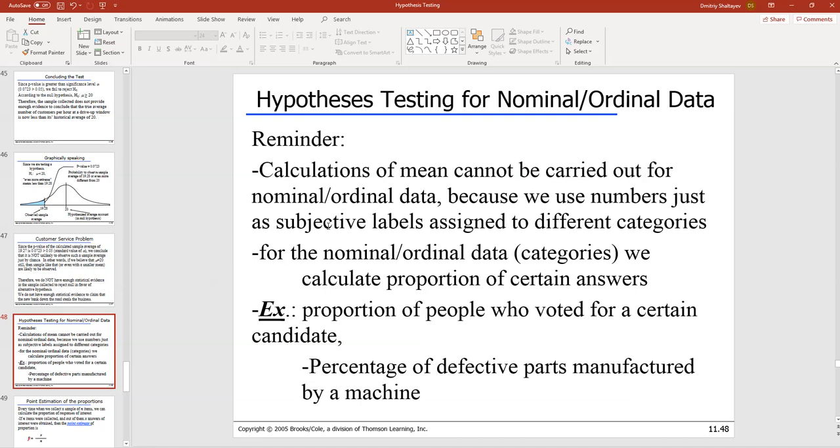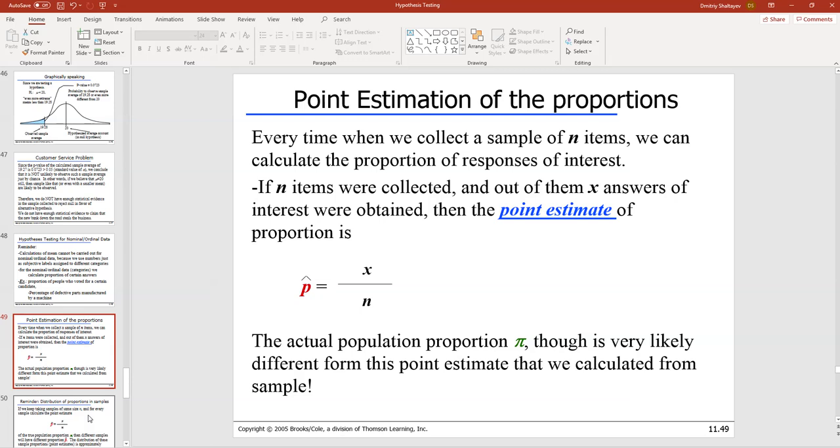So in this case, we can calculate the percentage of defective parts, right? And that would be an important characteristic of the machine, right? What percentage of the parts manufactured out of 100% of parts, out of the entire population, are normally defective. Okay, so if proportion is the only thing that we can calculate, then here's what happens.